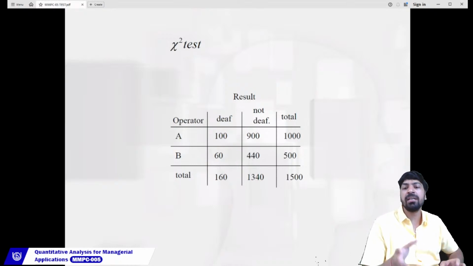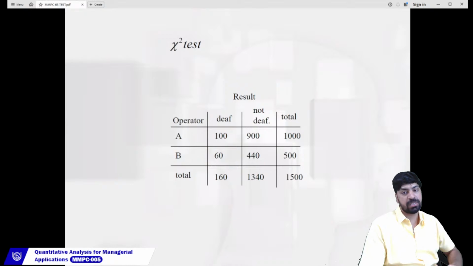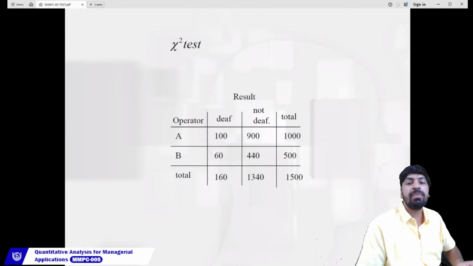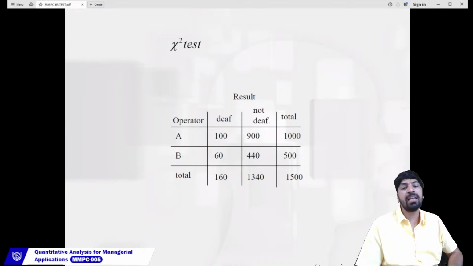So when you add the row totals and add the column totals, they should match, and that is 1500. So all the information has been given. This is a table given in the question, and accordingly you have to calculate and apply the chi-square test.